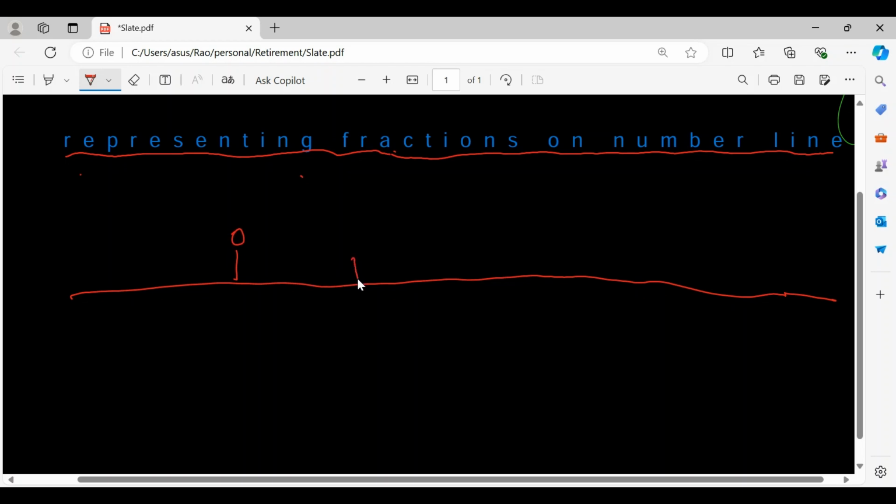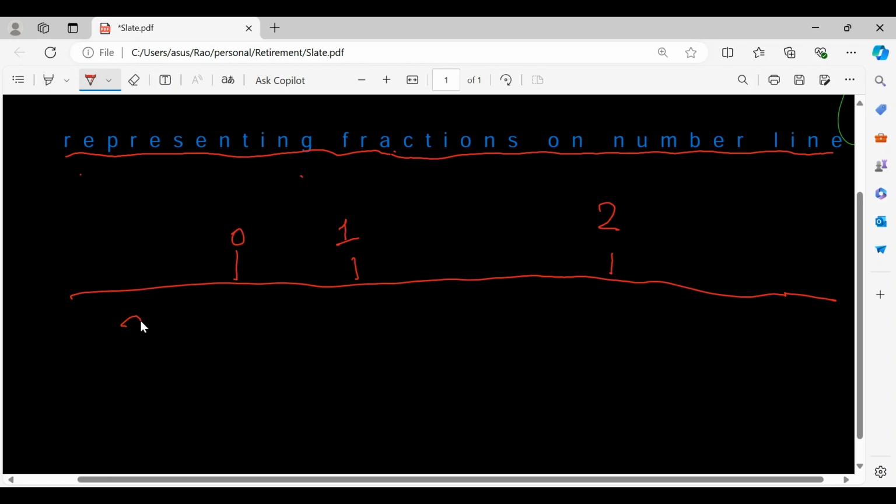Intentionally I am drawing 1 very close to 0 because I have to make 2 some distance away from 1. That's why they have sufficient distance between them, and I can represent any number.